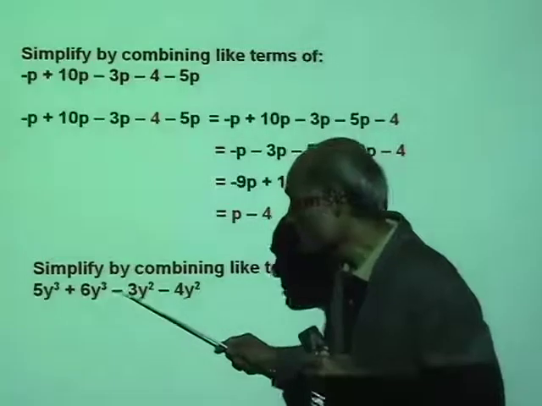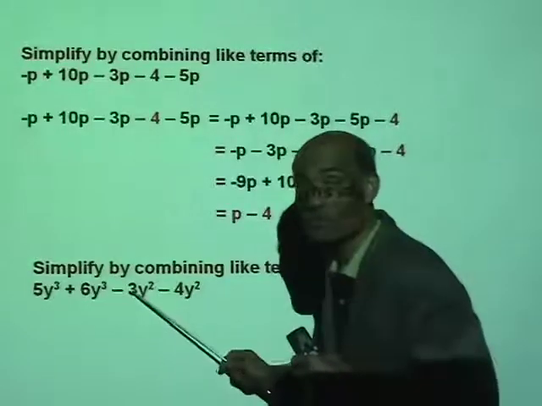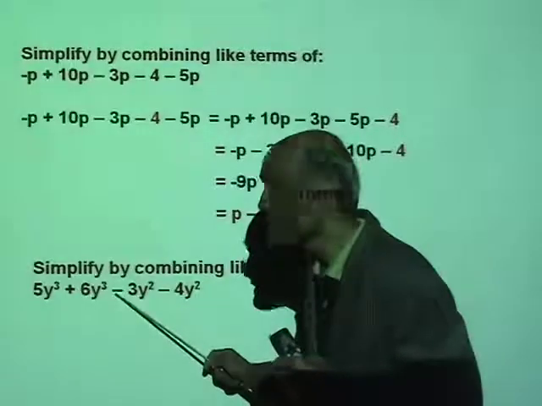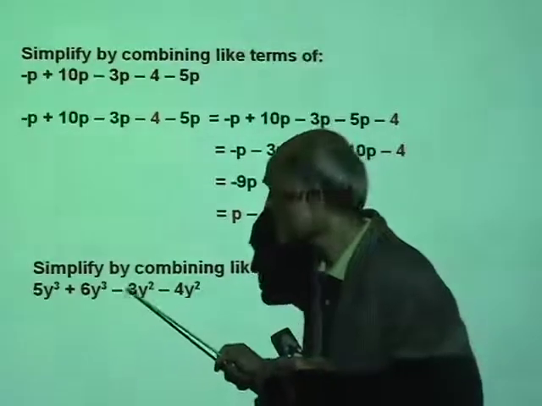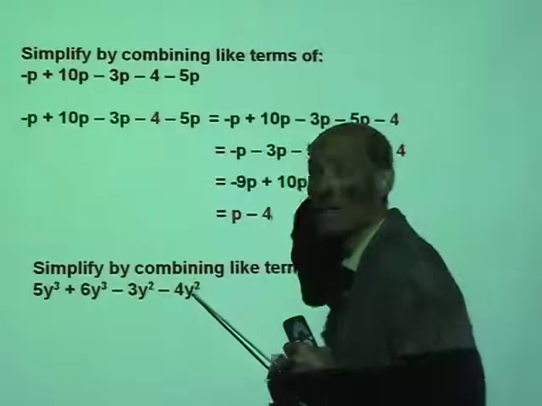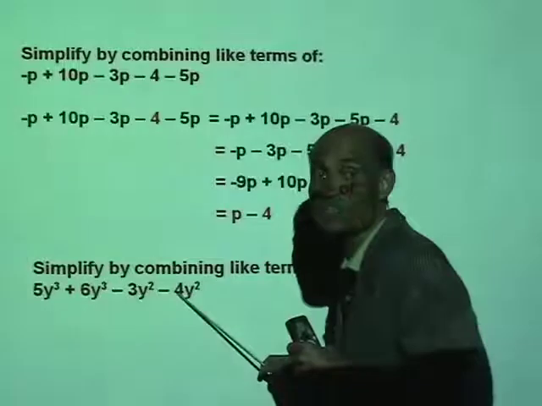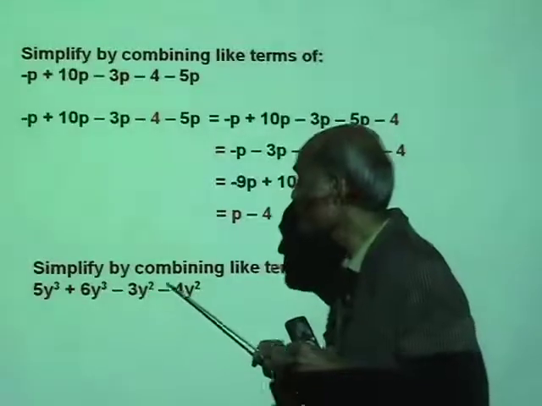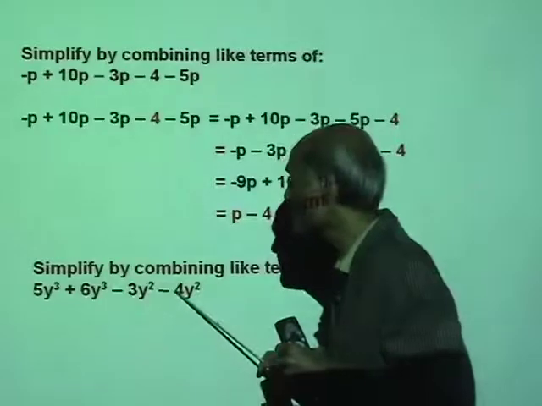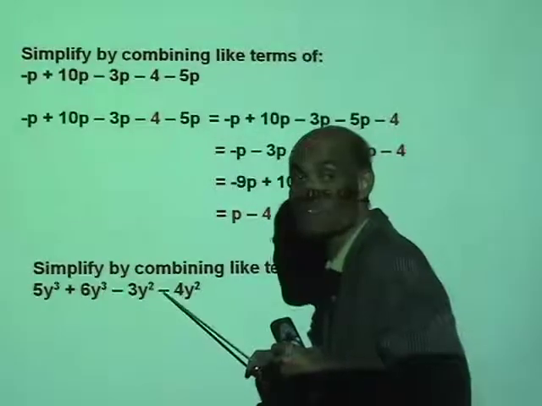And negative 3y squared, always remember the sign of a term is the sign immediately to its left. Negative 3y squared minus 4y squared, both are negative. What is adding the two together? Add the numbers 4 plus 3, 7, and give that negative sign.